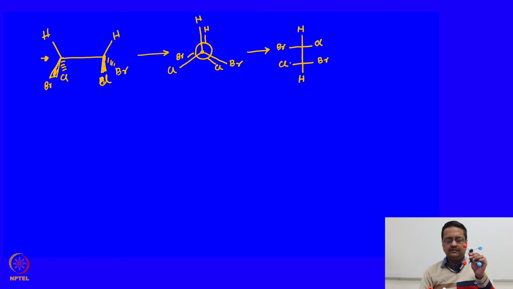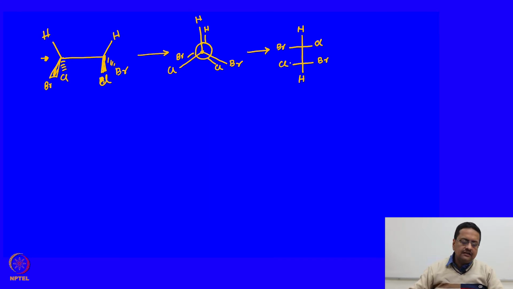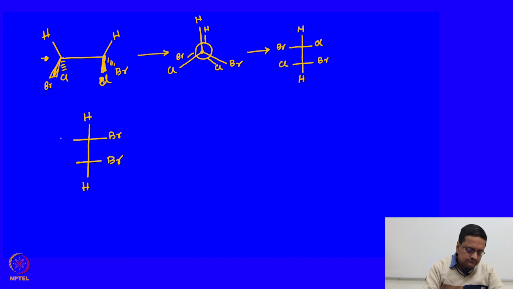What we had is this one, and what we now have is a different molecule, as you can see, because these two molecules are different. If I ask you what is the relationship between these two molecules, let us see that by using a Fischer projection. The first molecule that I had drawn was this one, and the second molecule that I have drawn has a Fischer projection formula, this one.